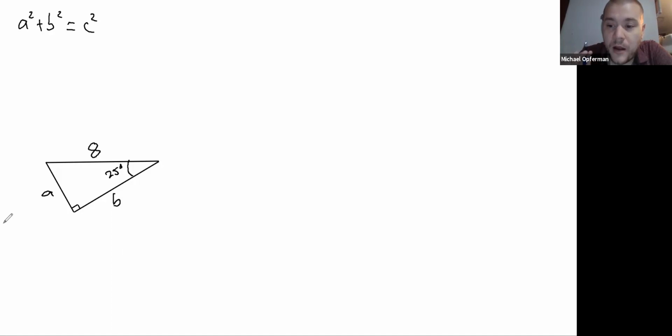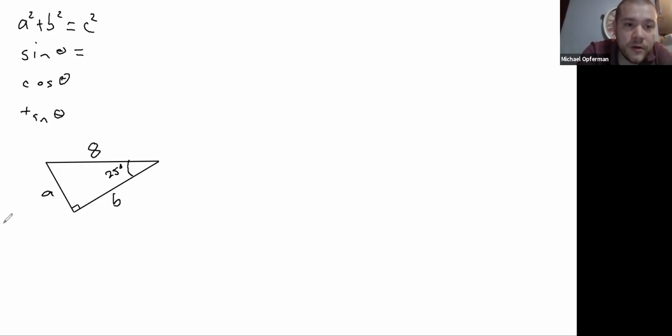C is always the hypotenuse of the triangle. And then you've also got sine, cosine, and tangent. So you've got sine of theta, cosine of theta, and tangent of theta.